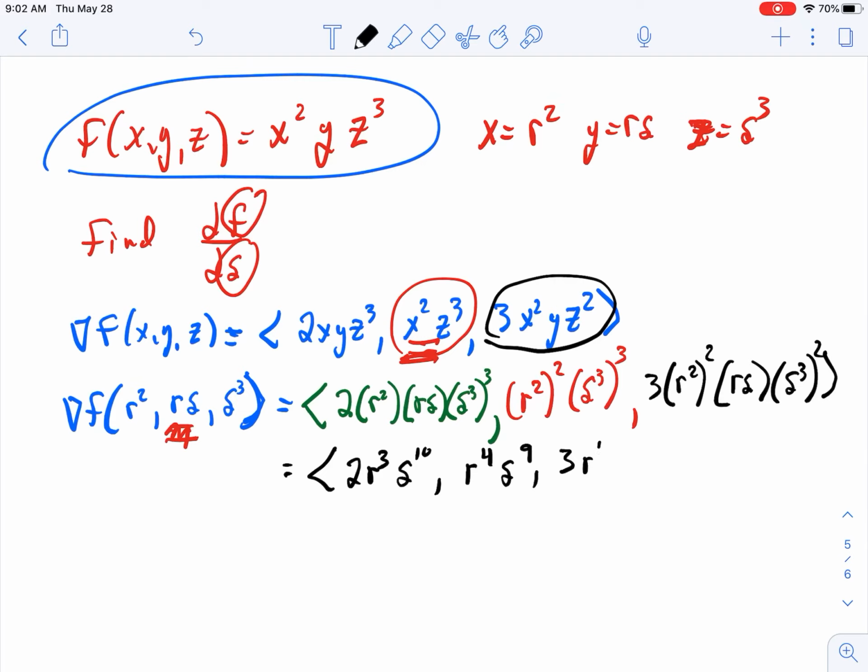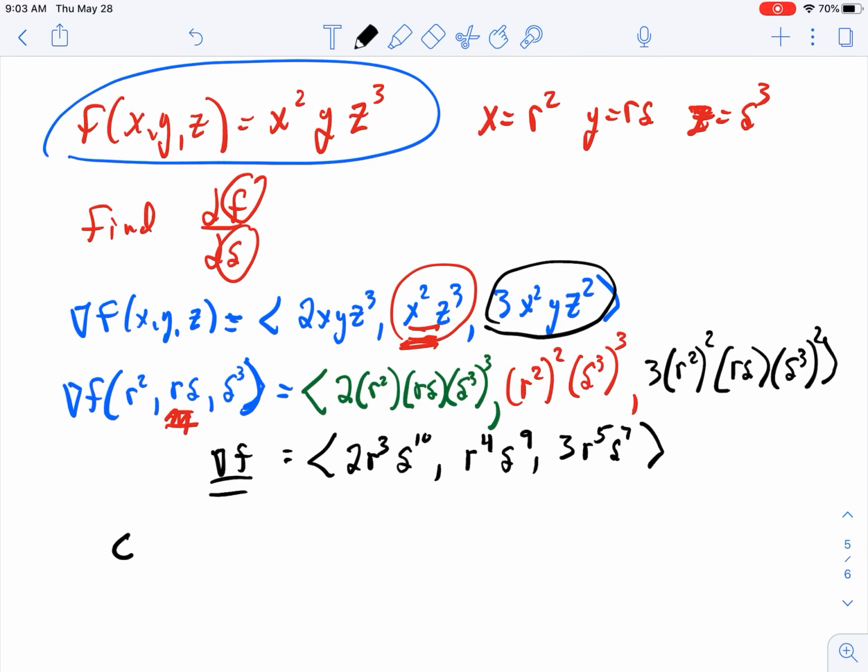And then we have 3r to the 5th and s to the 7th. There we go. Okay, so now we got our gradient of f done. All right, so now we need to do our c prime in terms of s.